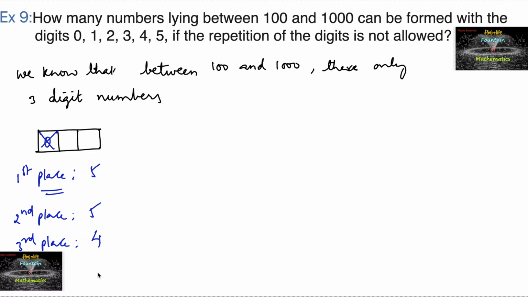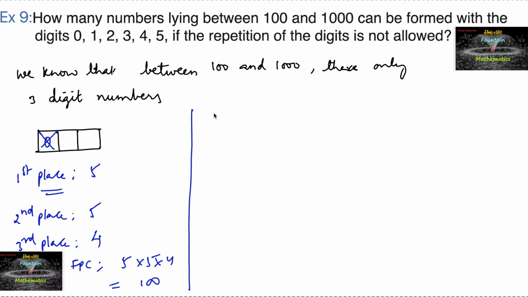By the multiplication principle or fundamental principle of counting, the number of such possibilities is 5 into 5 into 4, that is 100.